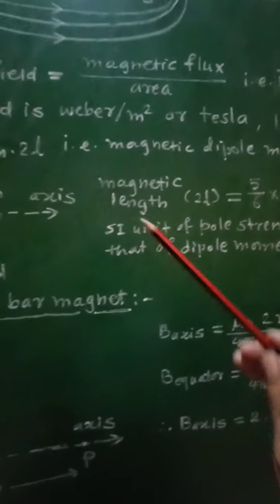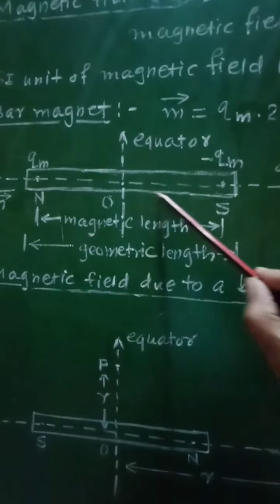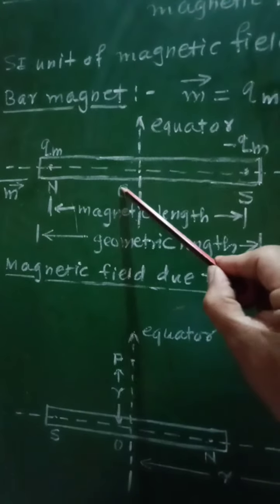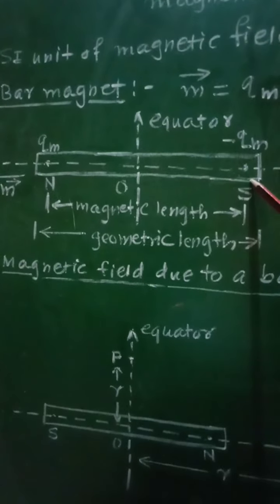Now, the magnetic length and geometric length. The magnetic length is nothing but the distance between the two poles of the magnet, and the geometric length is the distance between two ends of the magnet.